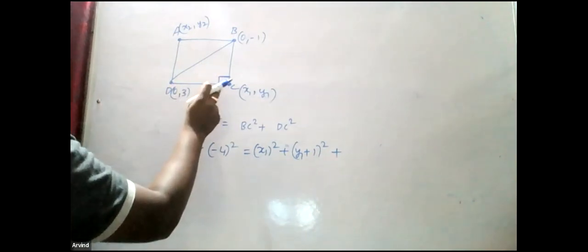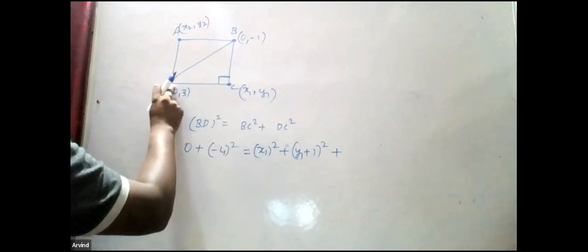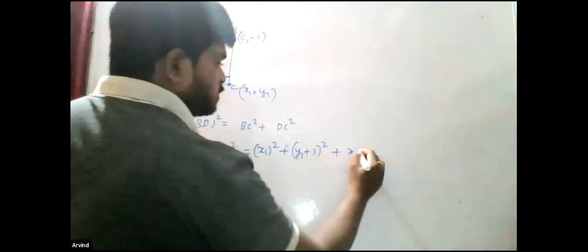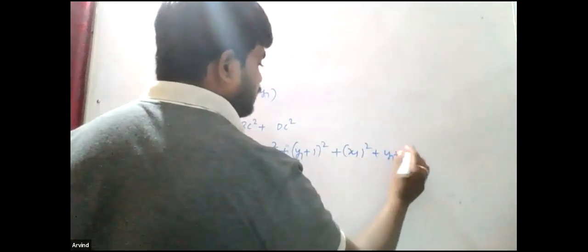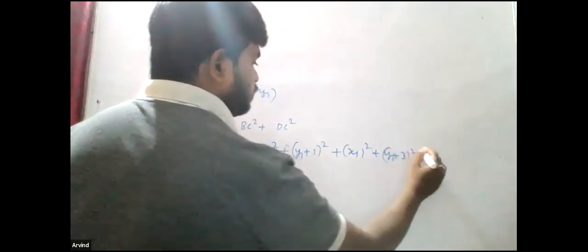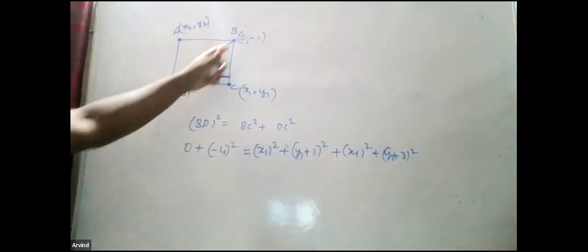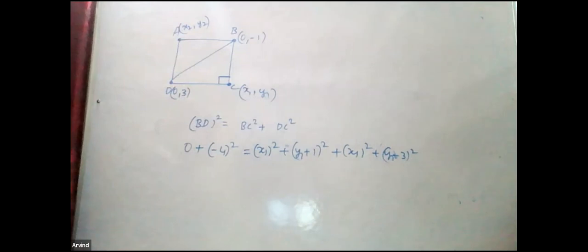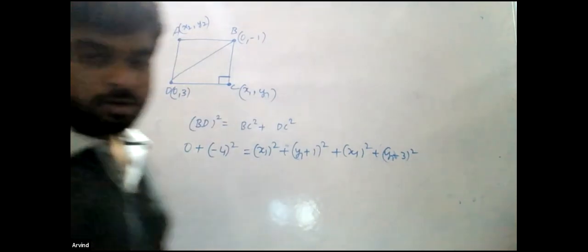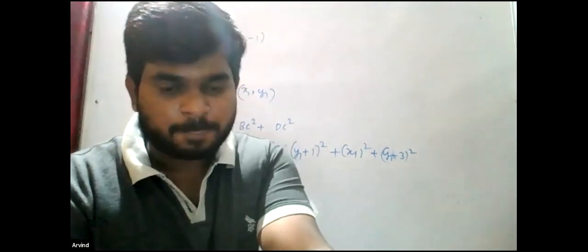DC square is x1 minus 0, which is x1 square, plus y1 minus 3 the whole square. Okay. Solve this using the Pythagoras theorem. You will get the value of x1, y1. Then you can find the value of x2, y2. Okay. So try solving it. I've just given you a hint.